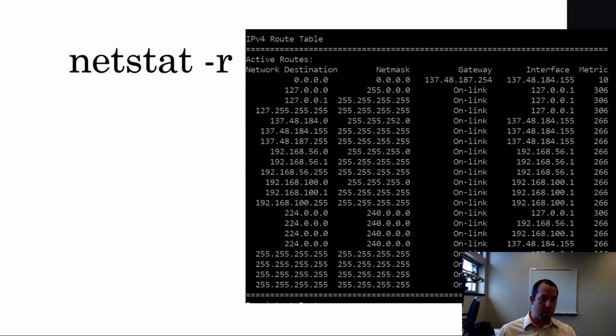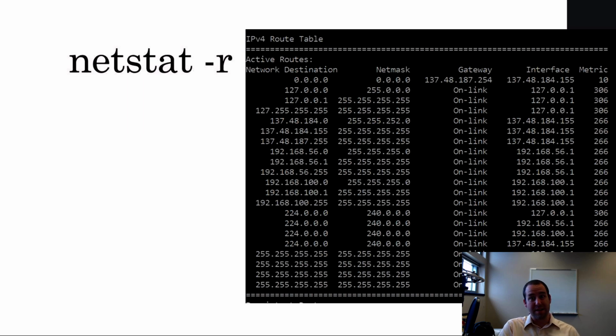So here, if you run on a Windows computer in the command prompt the command netstat -r, then you can see your own routing table, and you'll probably see an IPv6 routing table, and you'll probably see some other little bits of information in there. But the meat of it that we're talking about right now is this IPv4 routing table. And there's a whole bunch of things on there.